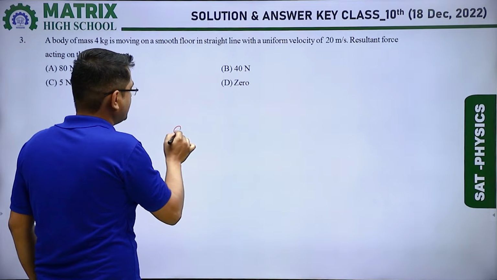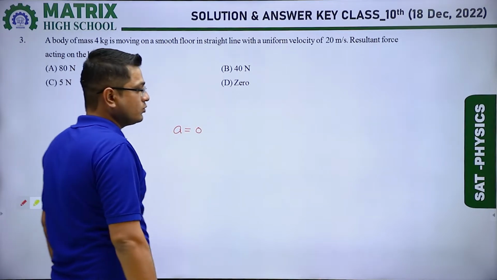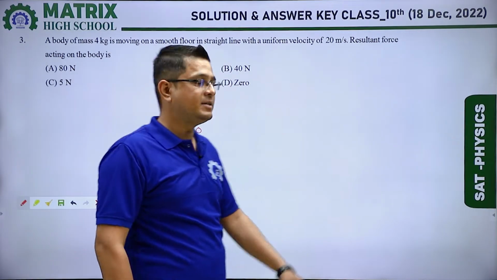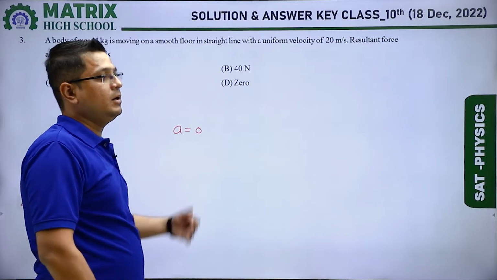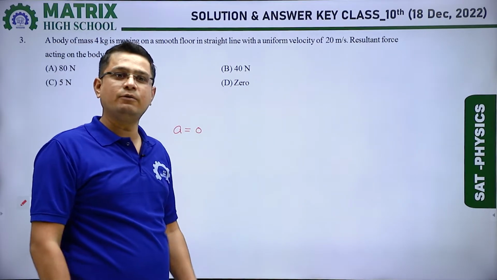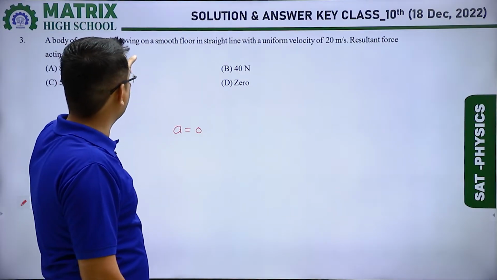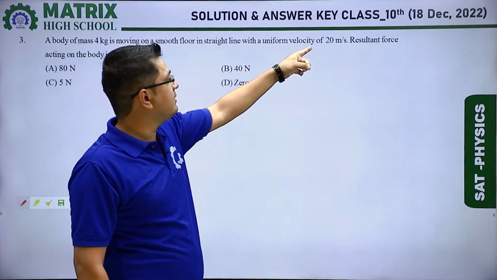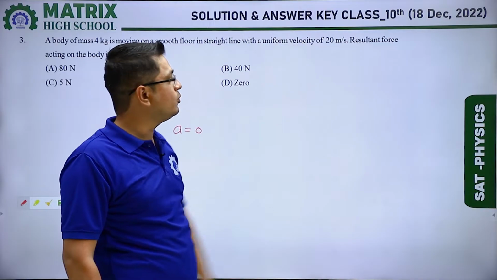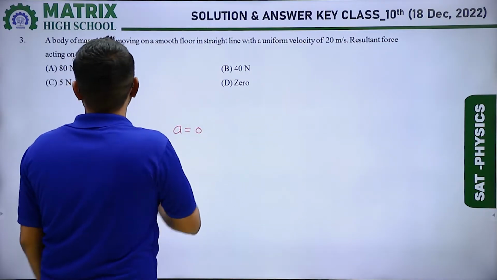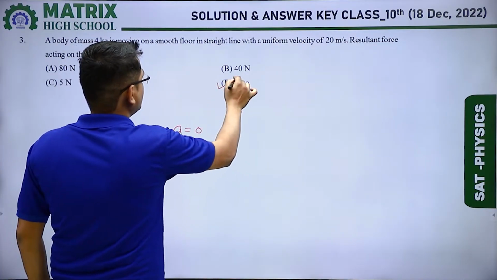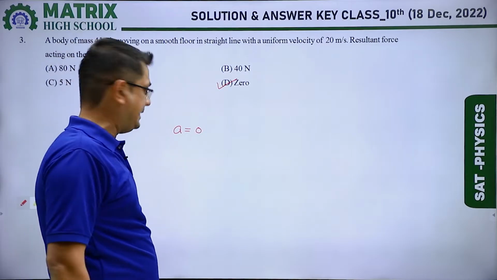That means the acceleration of the body is 0. From laws of motion, a body will remain in its state of rest or motion until an external force acts. So the body will keep moving with the same velocity without any external force. So the resultant force acting on the body will be 0. The correct answer will be option D.